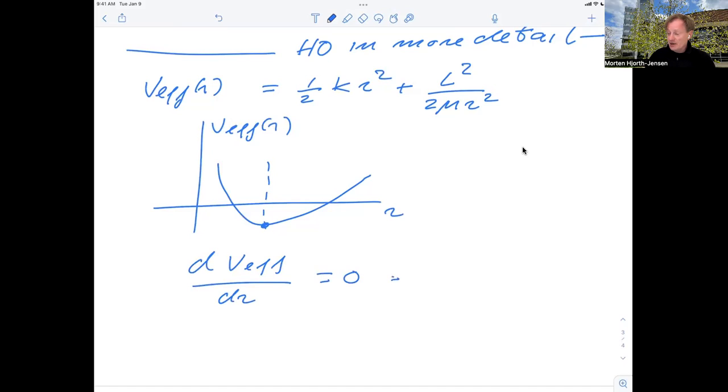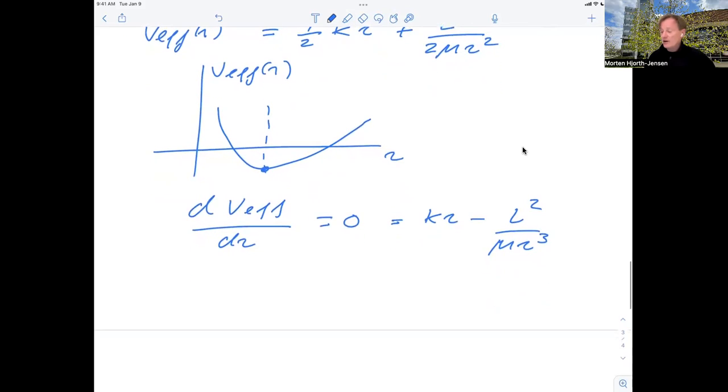That gives us clearly k times r minus L squared divided by mu times r cubed. That means that we can now find the minimum value for r, this r min here.